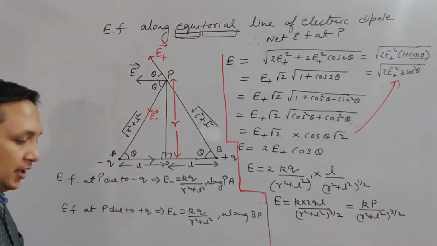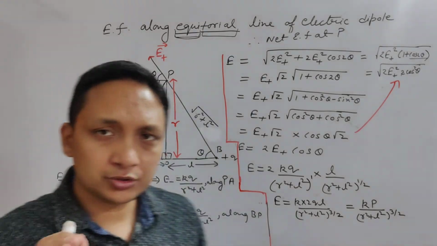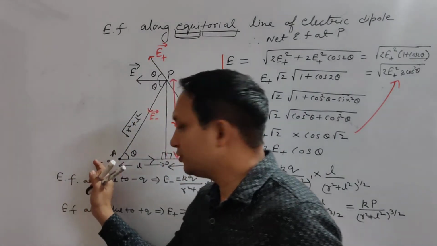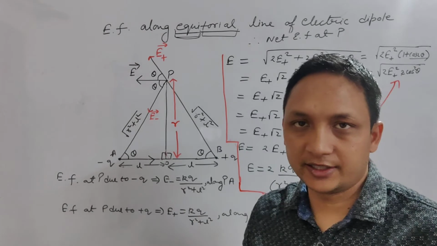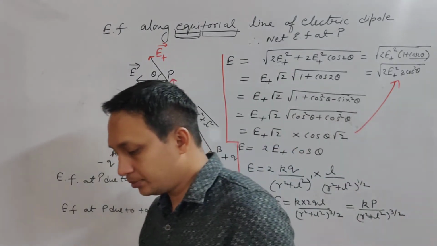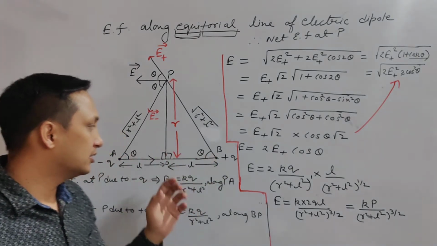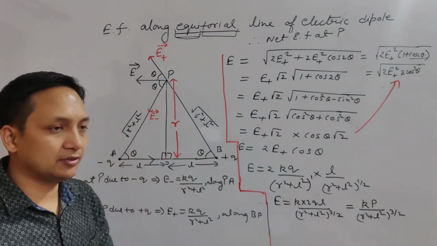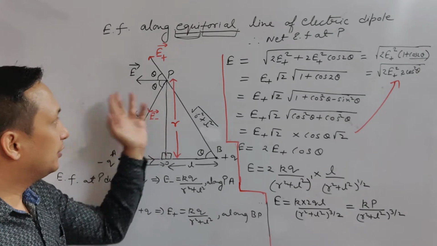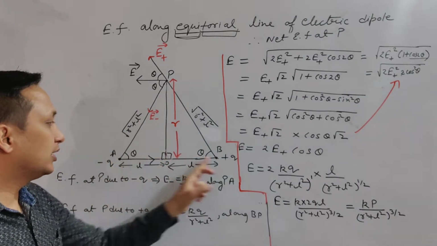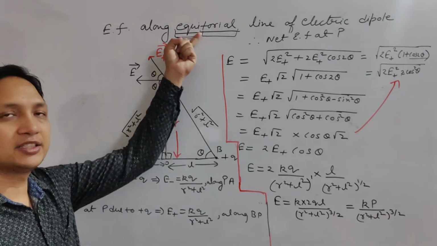One more thing, whenever we draw a dipole, always draw the negative charge on the left side and the positive charge on the right side. Why so? Because if sometimes you draw negative charge on the left and sometimes on the right, the figure will change. If you choose this plus Q and this minus Q, then the electric field directions will be on this side.